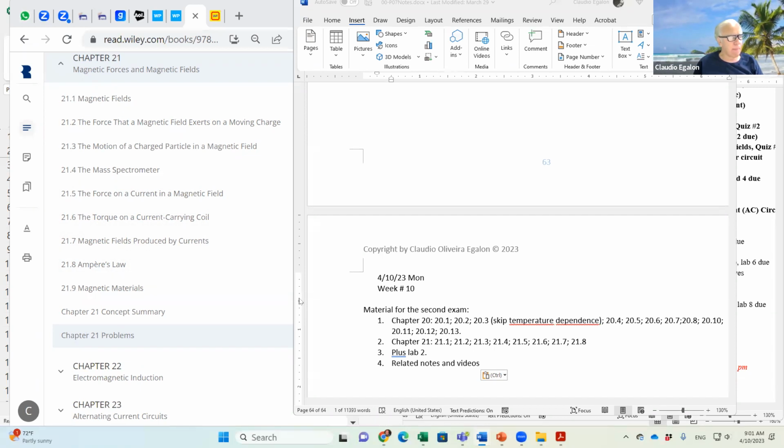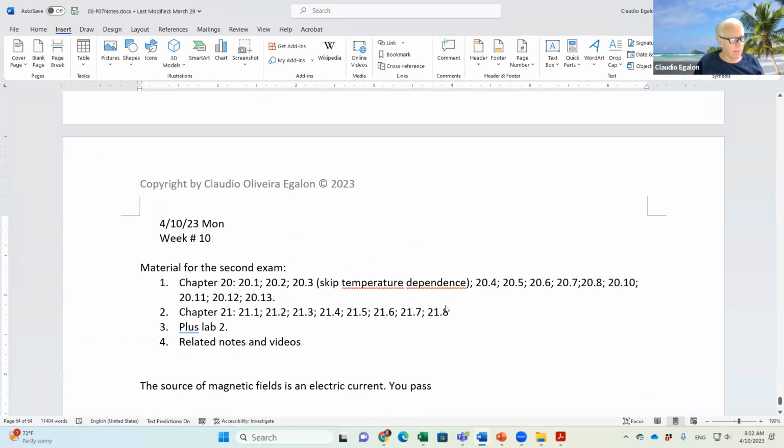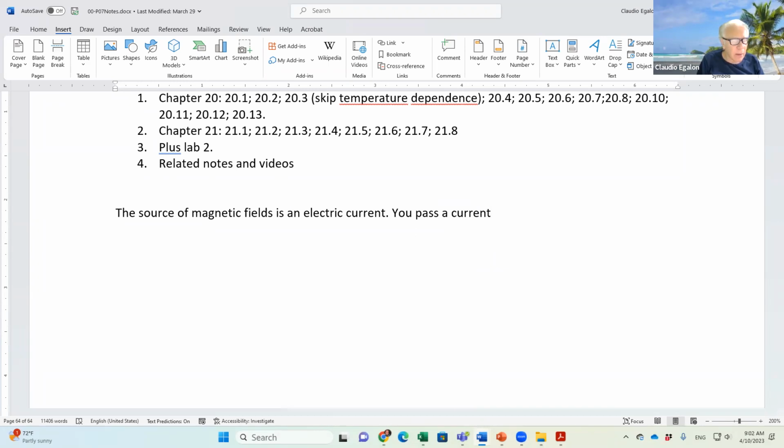Okay. So let's just, okay. The source of magnetic fields is an electric current. This is a law of physics. You pass a current through a wire. How do we do that?